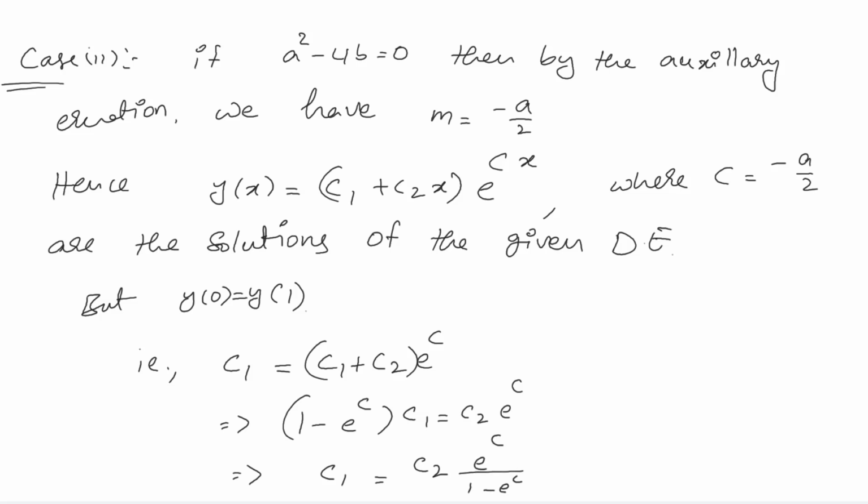So y of x equals (c1 plus c2x) times e to the power of cx, with c1 as c2 e to the power of c divided by 1 minus e to the power of c.